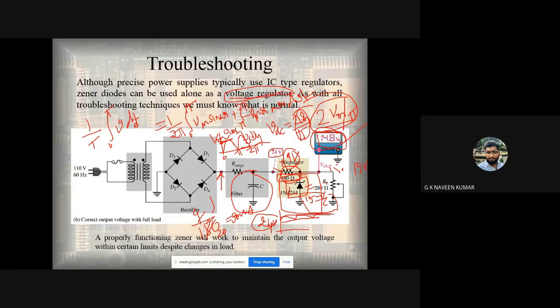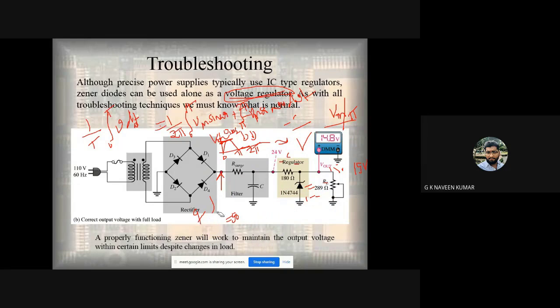In order to regulate the output voltage of the full wave bridge rectifier after the filter from 24 volts to 15 volts, I want a 15 volt regulated DC output, and for that I will go for a device called the Zener diode.